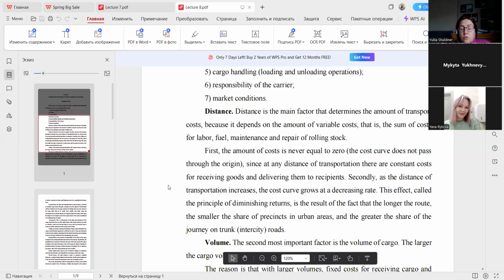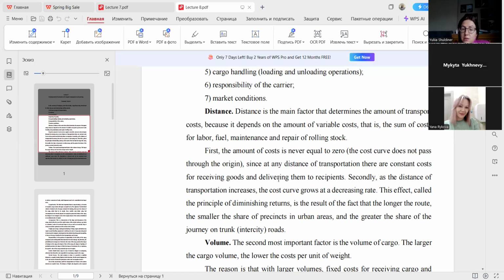Because the amount of cost is never equal to zero, the cost curve does not pass through the origin, since at any distance of transportation there are fixed costs for receiving goods and delivering them to recipients.